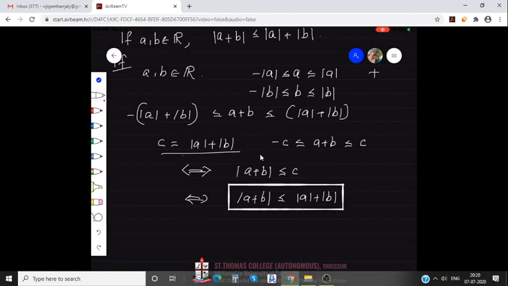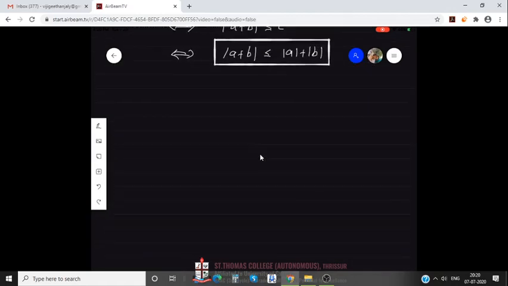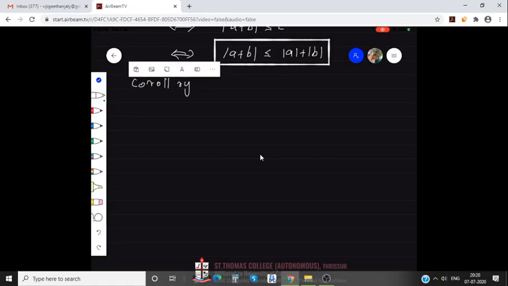Now we will move on to some corollaries of the triangle inequality. I have already told you a corollary means a result which follows immediately from a theorem.